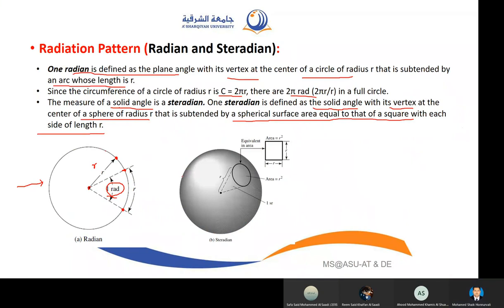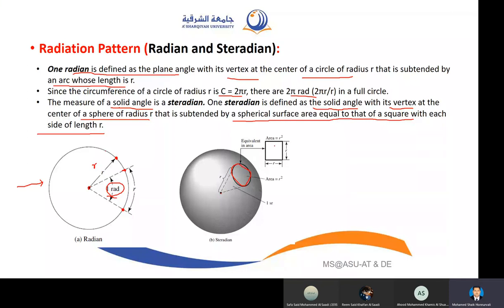Which means, if you take one sphere here, this is the center. From here, you draw one circle, sorry, not a sphere, one circle on the surface. This area should be equal to the area of the square.